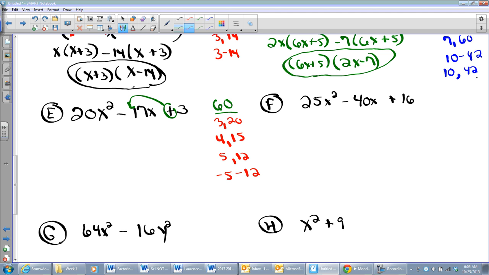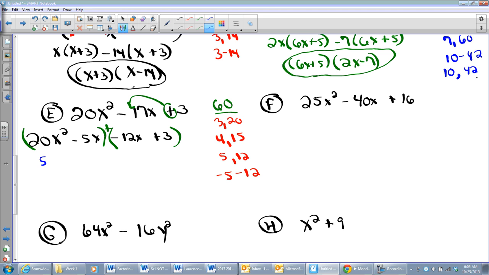All right, let's try this again. Sorry about that, ladies and gentlemen. Okay, so minus 5x minus 12x plus 3. All right, so now I'm going to group. And going to GCF.